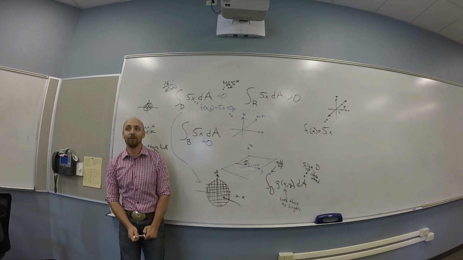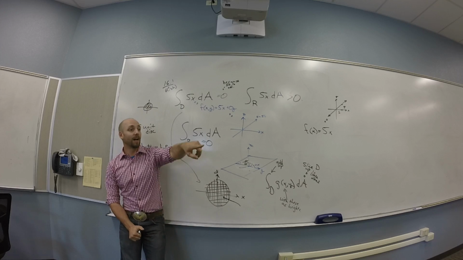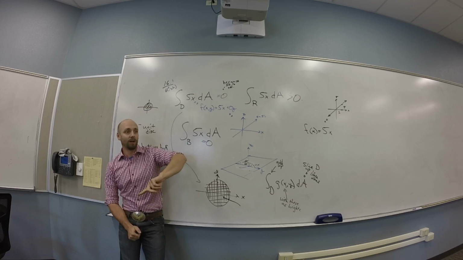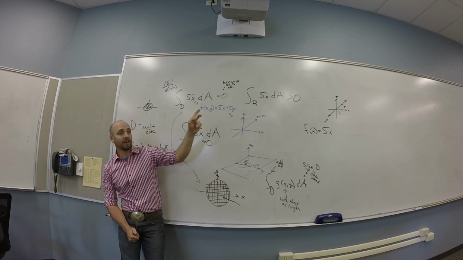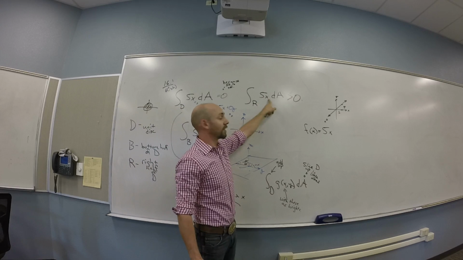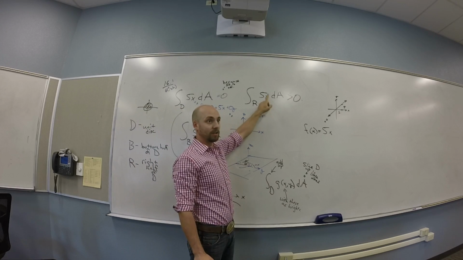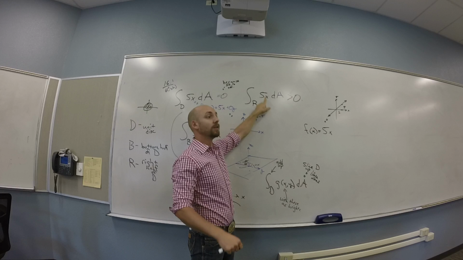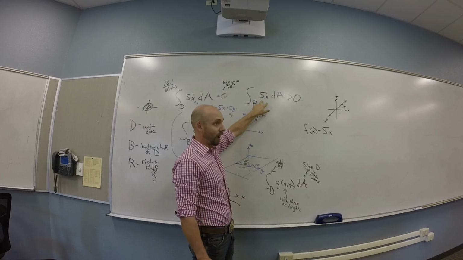What would the dumbest overestimate be? The x values go up to 1, so if the x values go up to 1, how high does it get? 5, because the function that you're integrating is 5 times x. So you pick the biggest x, that's 1, so the highest this thing ever gets is 5.